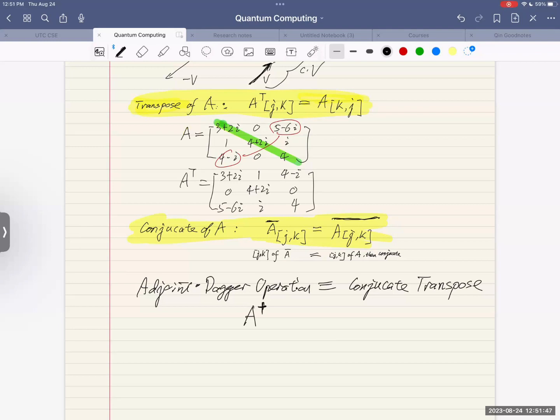Oh, that looks like a plus, isn't it? This dagger operation does not look good. I'm going to write a different way, since that really looks like a plus. I'm going to follow another convention, just use the H then. H, or conjugate, or A star.